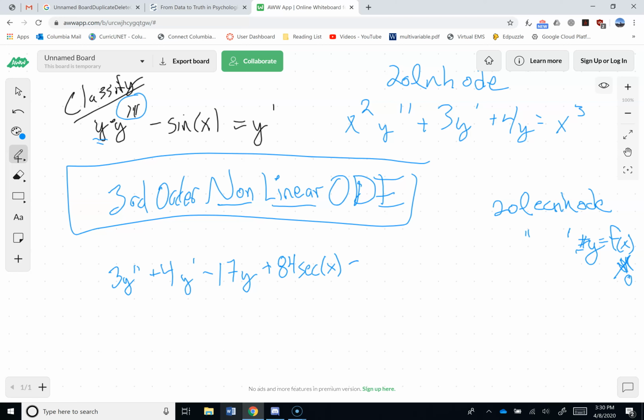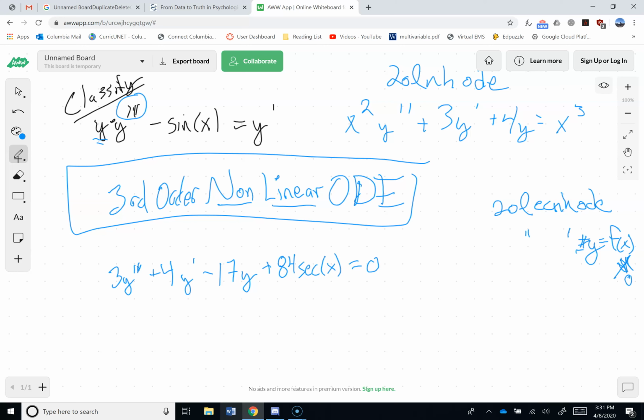So as it is, it's homogeneous, but it's not because it's non-linear. Okay, if it was nonlinear, you would be correct. However, this thing is linear.